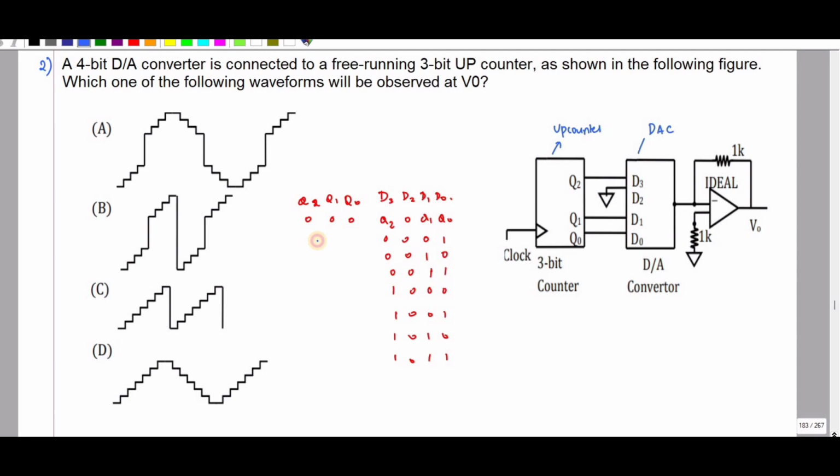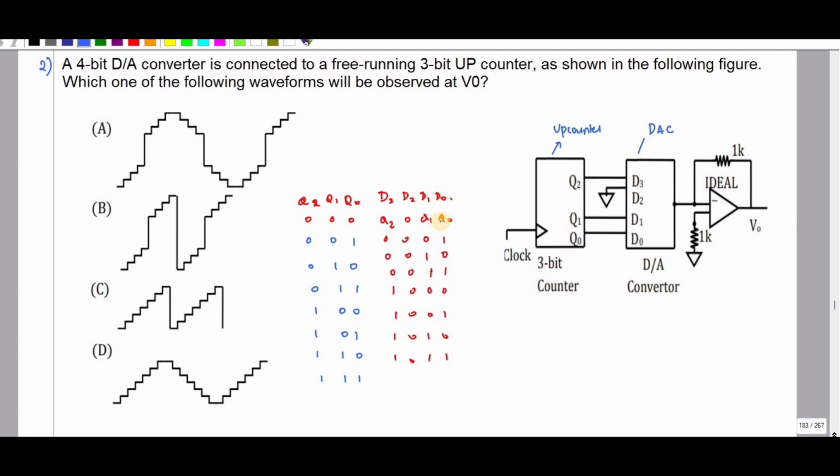So it ranges from 000, 001, 010, 011, 100, 101, 110, 111. So what is the value of D3, D2, D1 and D0? D3 is always 0 and D2 value is nothing but Q2 and D1 value is nothing but Q1 and D0 value is Q0.